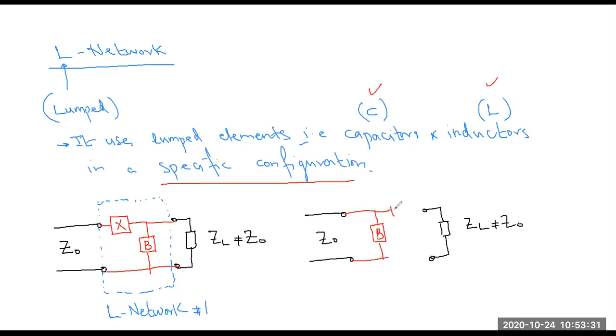And the other element will be connected in series. So for series we use reactance. So now this is the other possible configuration. This dotted line is another L network, and we will call it L network number two.